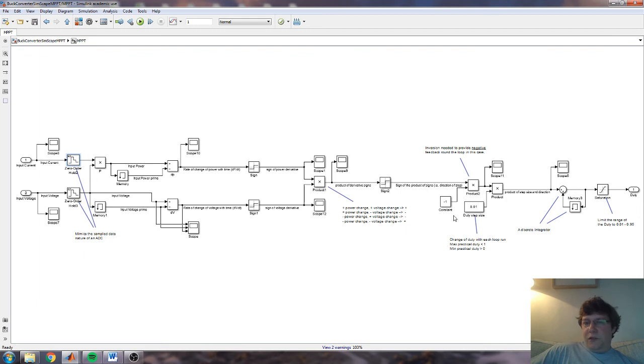Now, you might say, well, ideally I'd like it to find the sweet spot and to sit there. And you would, but the perturb and observe simplicity leads to some downsides, and one of the downsides is it will always oscillate back and forth about the optimum point.